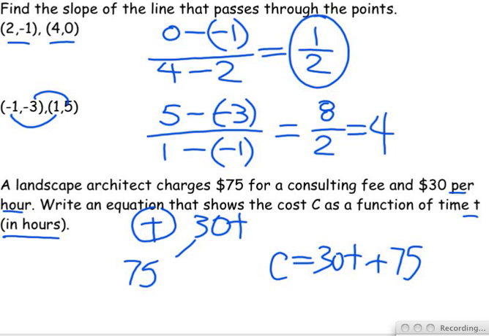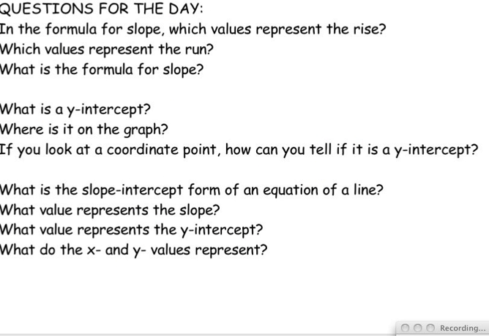Next, I want to do a brief review of these questions of the day. It says here, in the formula for slope, which values represent the rise? Well, the rise is always going to be on top. Which values represent the run? Run is always going to be on the bottom. Now, remember, the rise is the change in y.